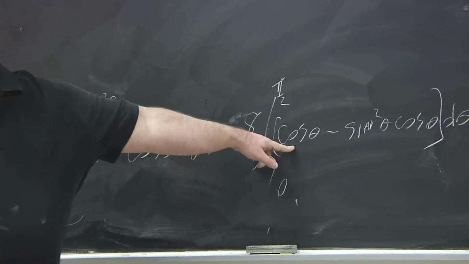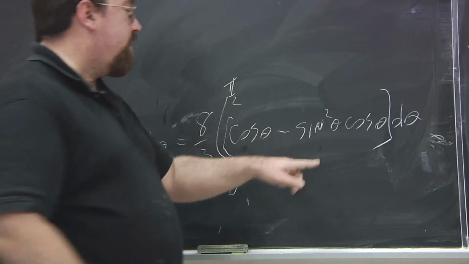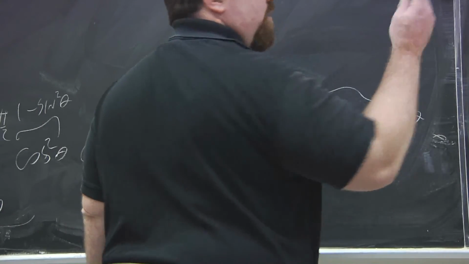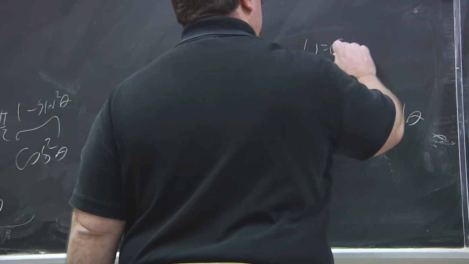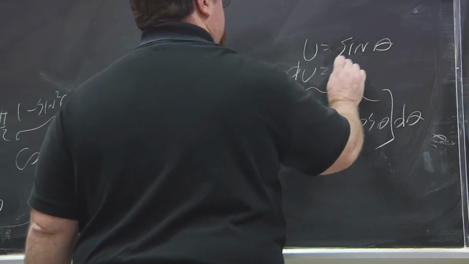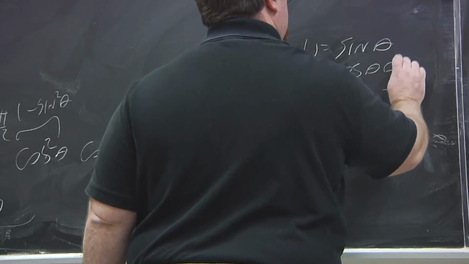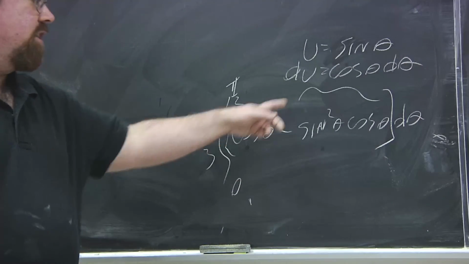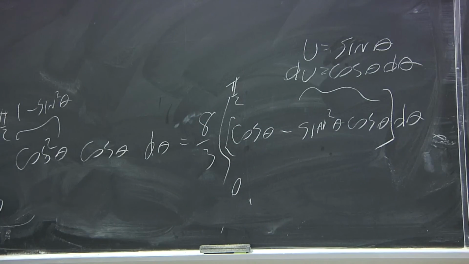This part, you just do it directly. This part, yes, a u substitution: u is sine theta, du is cosine theta d theta. So then this one can easily be handled too.